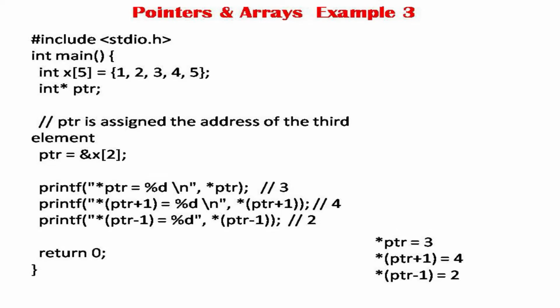Now what can be the equivalent of the statement ptr equal to ampersand x sub 2? Can I write ptr equal to x plus 2? Very well, I can write that. No issue at all. It is the same. If I am saying ampersand x sub 2, I can write x plus 2. It will be the same statement.